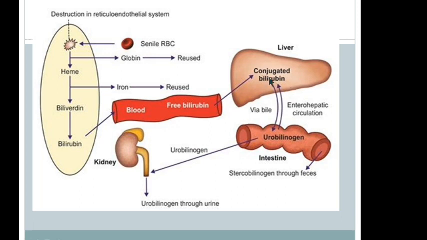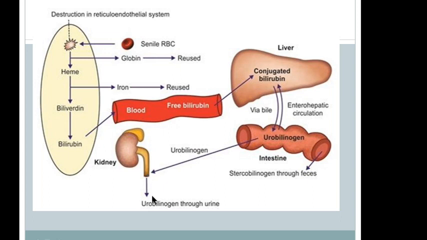First this conjugated bilirubin converts into free bilirubin, then this free bilirubin forms urobilinogen, and after formation of this urobilinogen, most of that is again reabsorbed into the liver, that is called the enterohepatic circulation. And 5% of urobilinogen is excreted through the kidney, and some is converted into stercobilinogen and excreted through the feces.